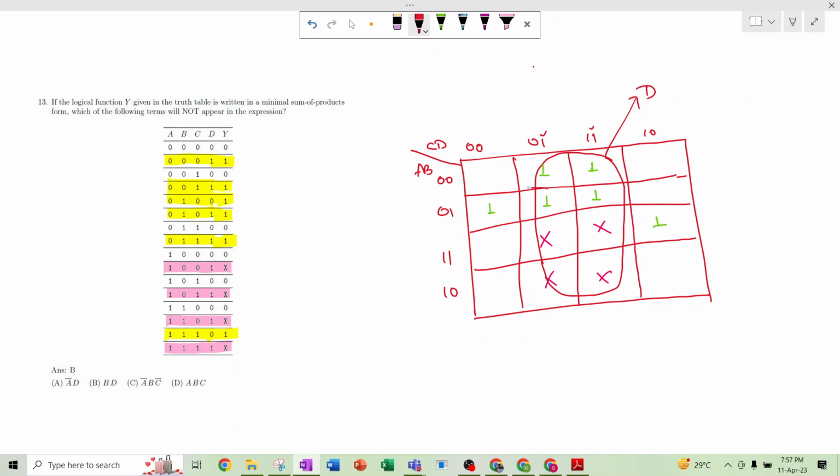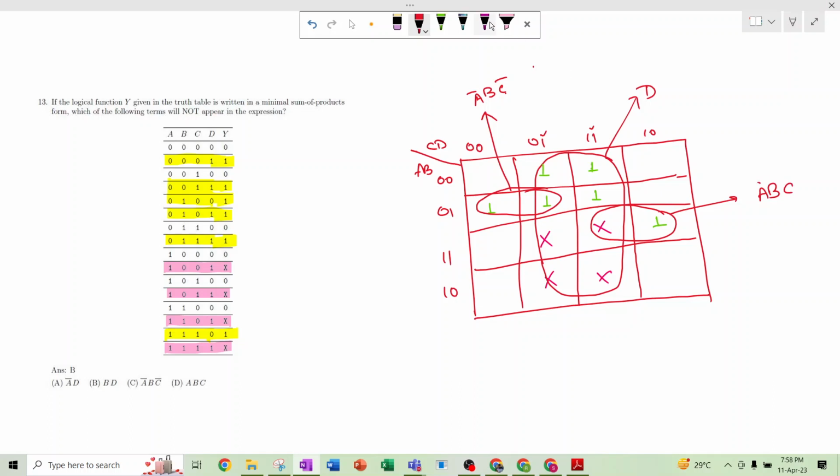If we consider this 1 and 1, then we get a bar, then b, and here c bar, a bar b c bar. And similarly here, if we consider these two, we get ab, and here it is only c, right? So abc.